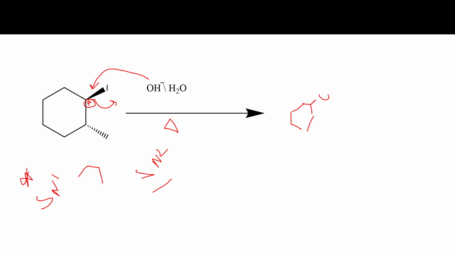This will be your OH minus, which is below the plane because the iodide is above the plane, and this will be below the plane too.